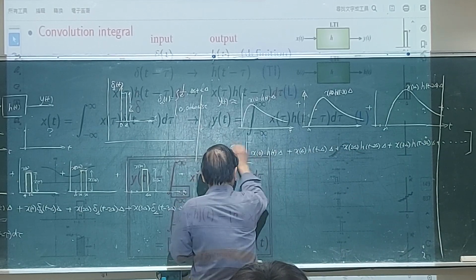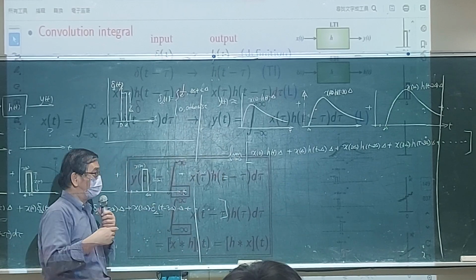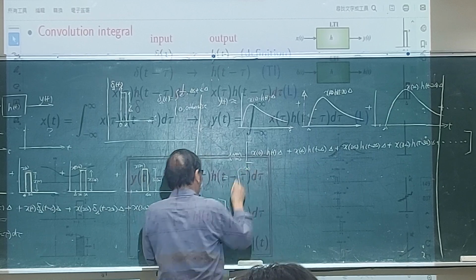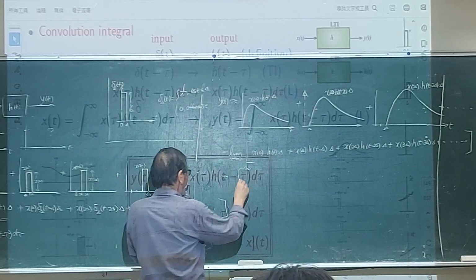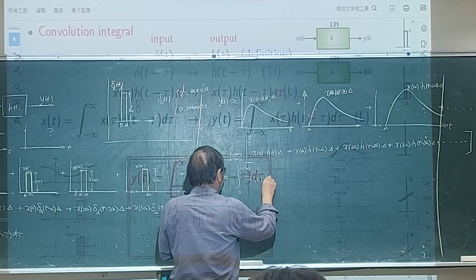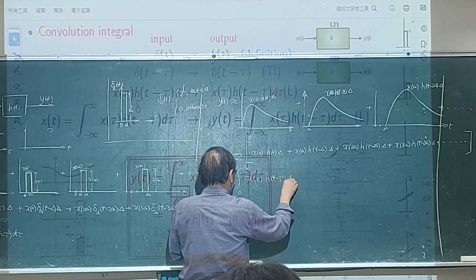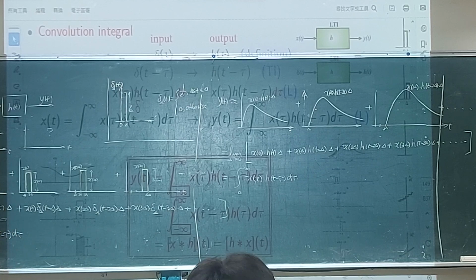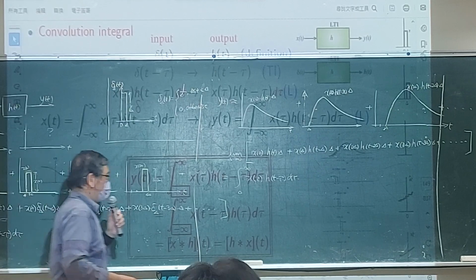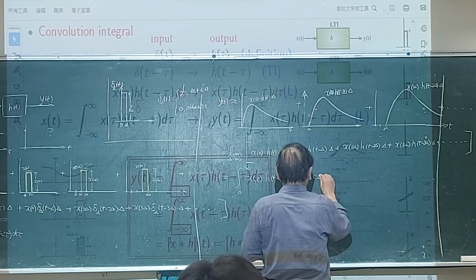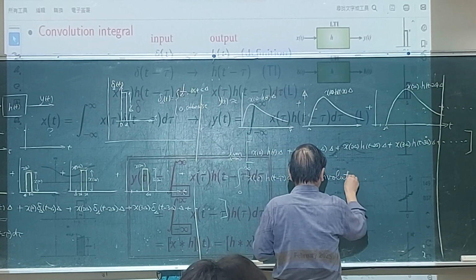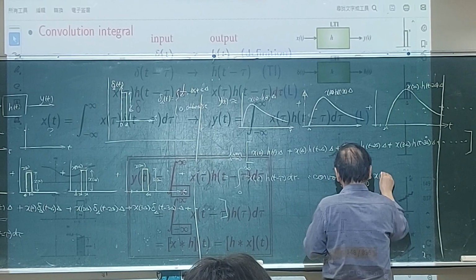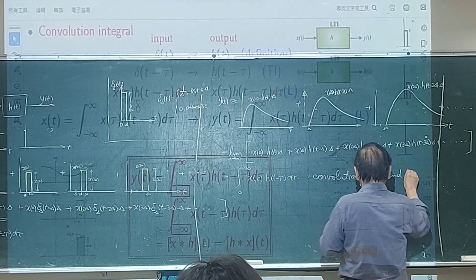Once I take the limit, the summation becomes integration from 0 to whatever the time, and then x of tau, h of t minus tau. So this is the convolution of the input signal and the impulse response.